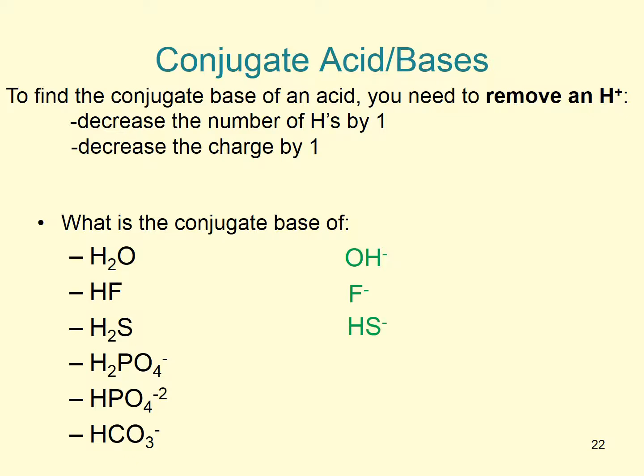If it's already a -1, it'll become a -2, so H2PO4 negative will become HPO4 -2. HPO4 -2, you can still remove another one. That'll become PO4 -3. And then HCO3 negative can remove one and become CO3 -2. Notice some of these can go both ways, and we'll talk about that in just a second.